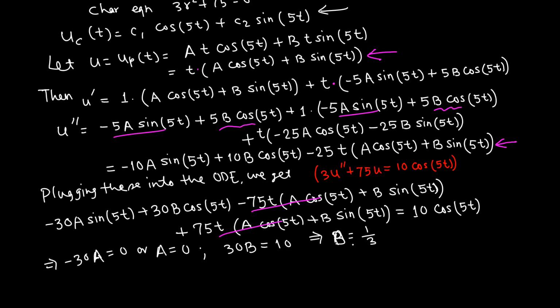Now we go back and find the particular solution. So this was the particular solution. Now b is 1/3 and a is 0. This is gone. So 1/3 t sine 5t. So 1/3 t sine 5t is the particular solution, plus here is the complementary solution, and the sum of these two will be the solution.